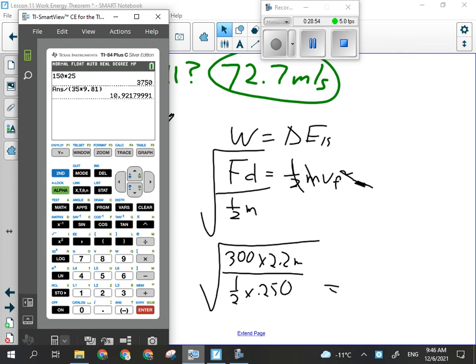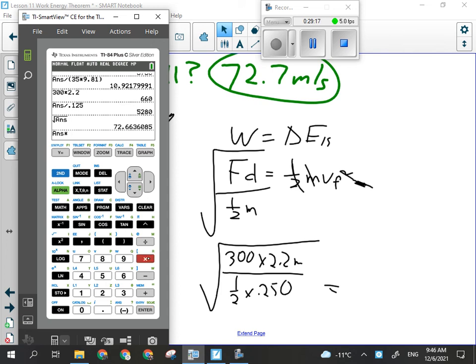We've got 300 times 2.2, which is 660, divided by 0.125, that's half of 0.250, and then square root that. We get 72.66 or 72.7 meters per second, which, to give you an idea, is really fast.